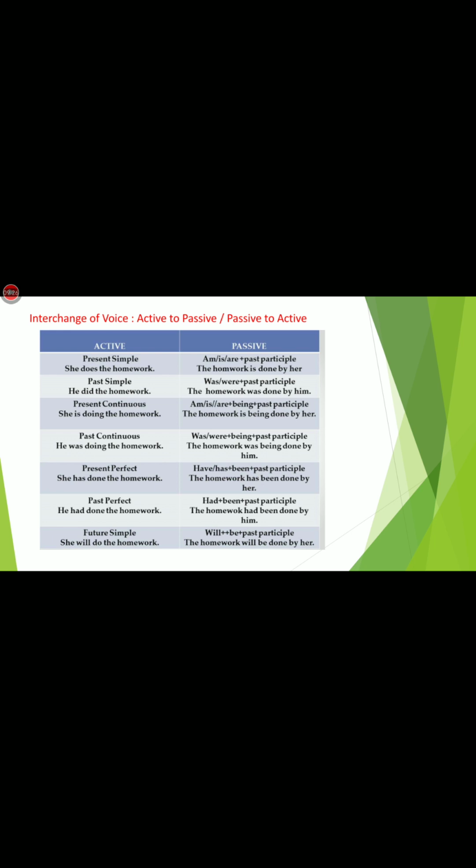So for present perfect, it will be have or has according to the subject, then been, then the past participle. So the sentence is, she has done the homework: the homework has been done by her. For past perfect, it will become had, so had plus been plus past participle.